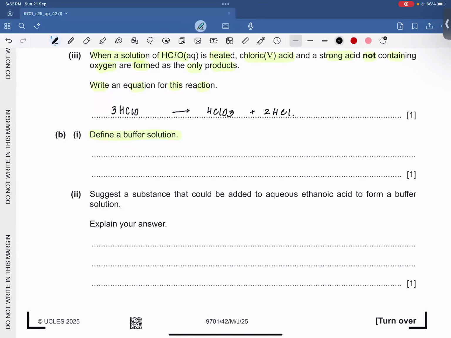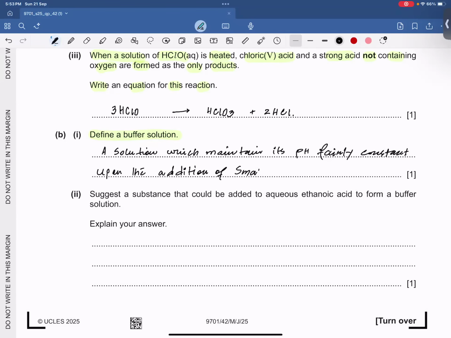Instead, I have given you the definition: a solution which maintains its pH fairly constant upon the addition of a small amount of acid or alkali.